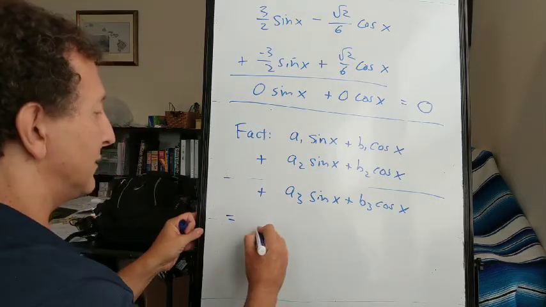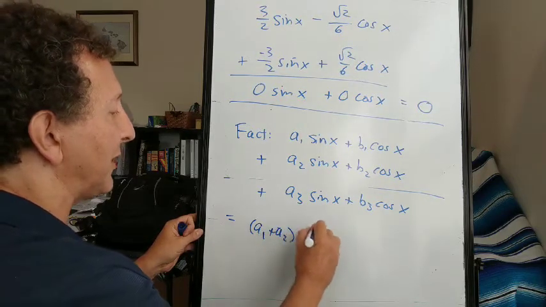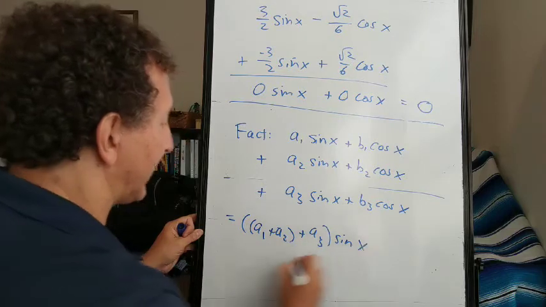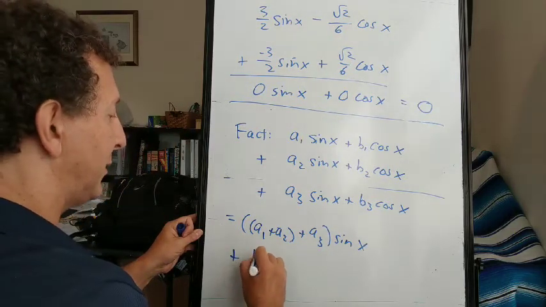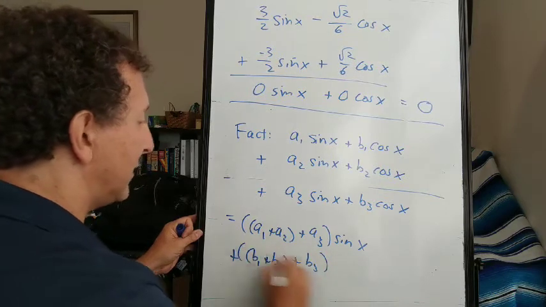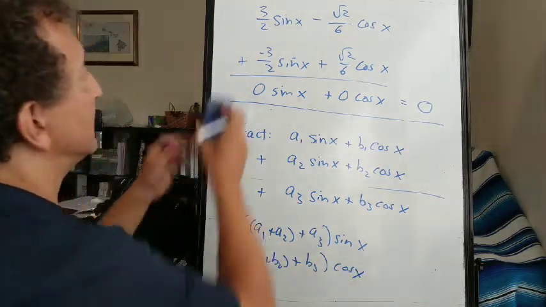So we could write (a1 plus a2) plus a3 sine x plus (b1 plus b2) plus b3 cosine of x, or we could do it differently.